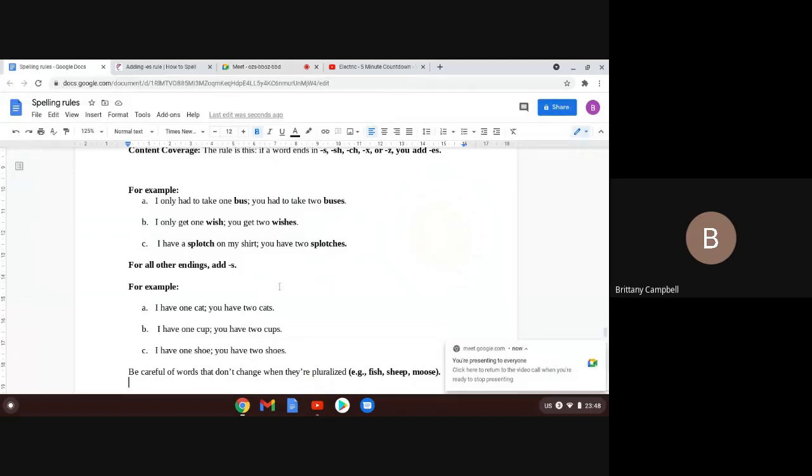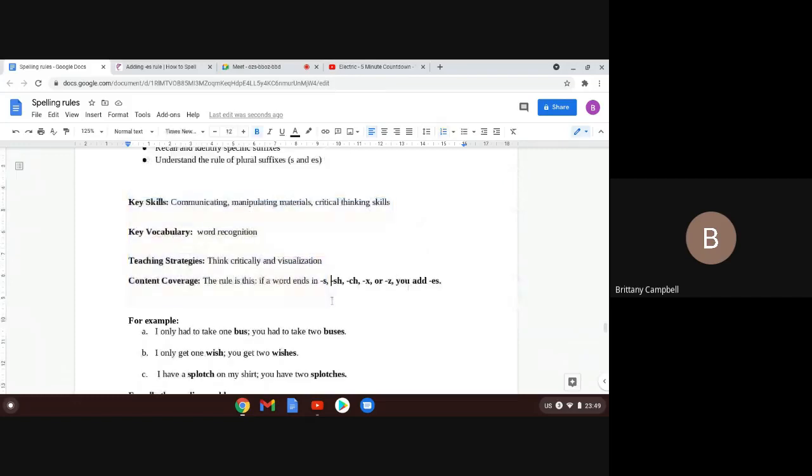So as I was saying, if it ends in S, SH, CH, X, or Z, you add ES. For example, look at this and you realize that the words in the examples are in bold. Now, read it for me. Yes, I only had to take one bus, right? You had to take 2 buses because it ends in what?